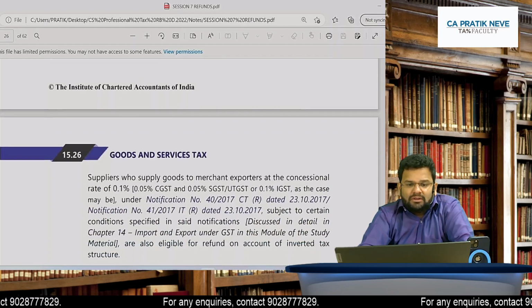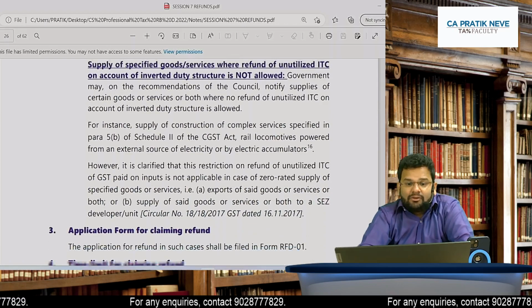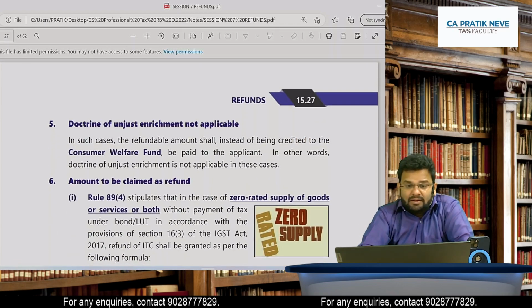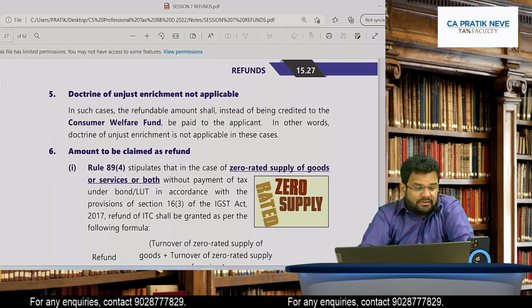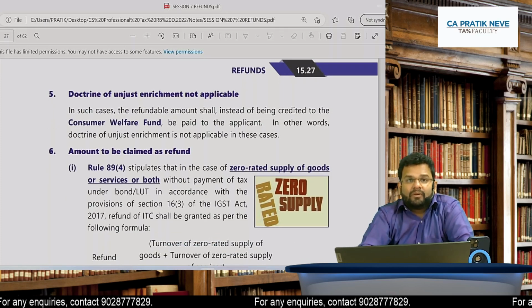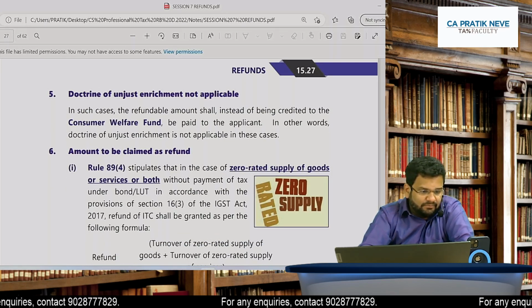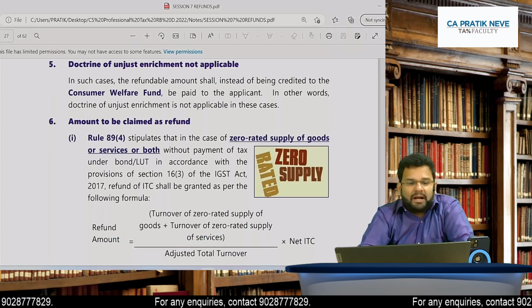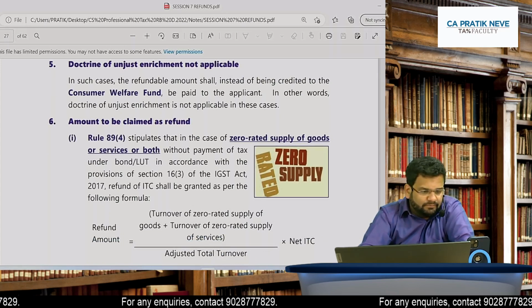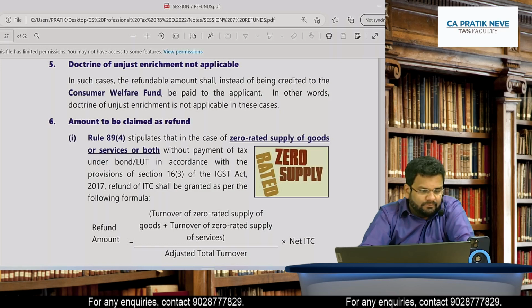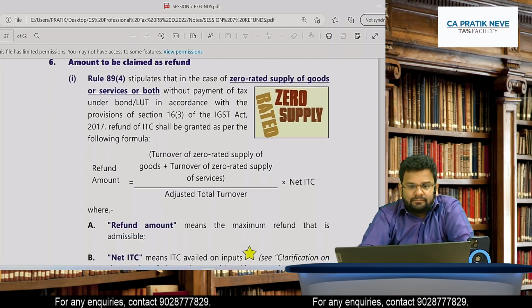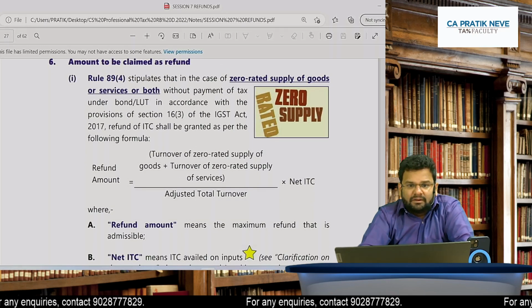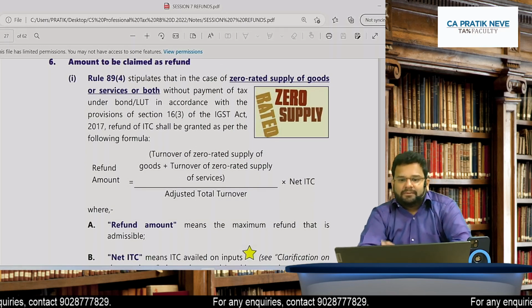Okay, now see how to exactly calculate refund amount in case of one, exports, second, inverted duty structure. Yes, procedural part you can go through. Check this. Amount to be claimed as refund.